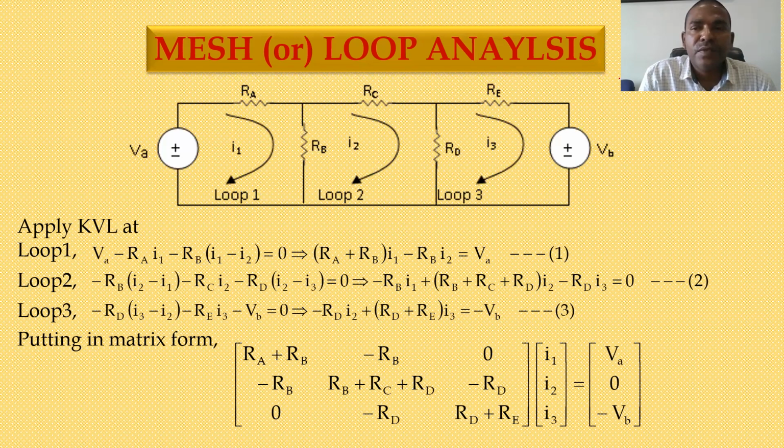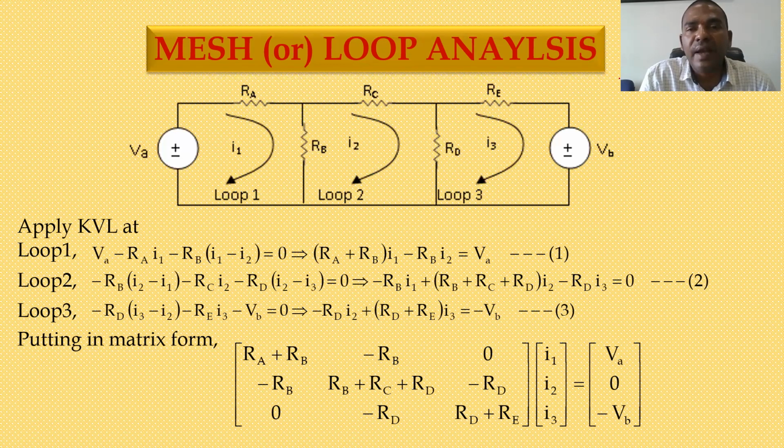Kirchhoff's voltage law says that at any instant of time, the algebraic sum of the voltages in a closed path must be equal to 0. In that, we write the rising voltages and the drop in voltages, and all this summation must be equal to 0.